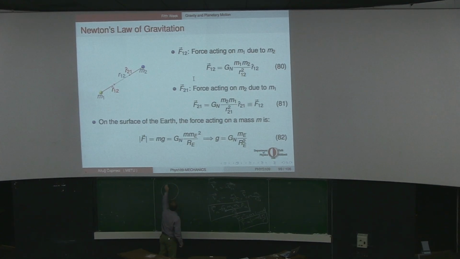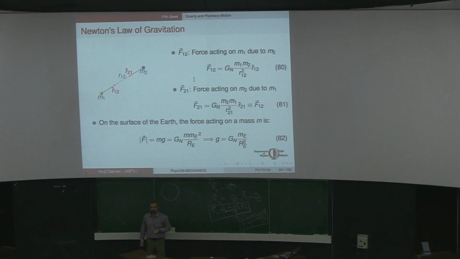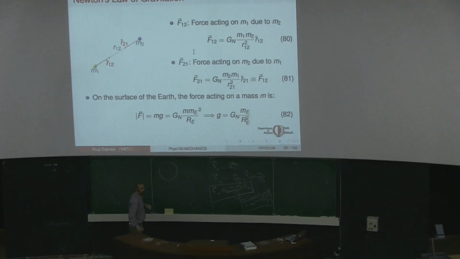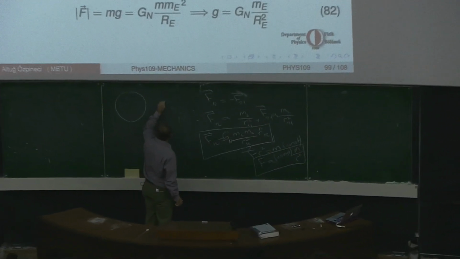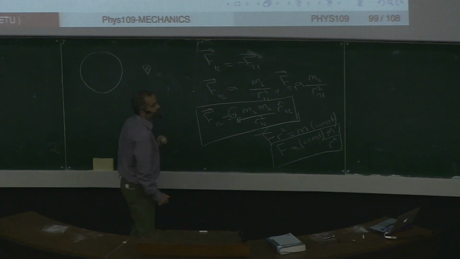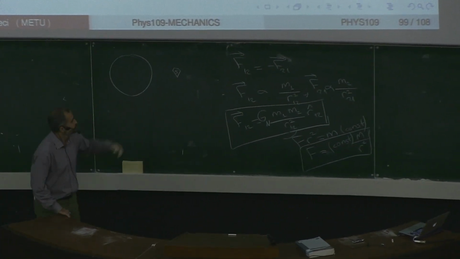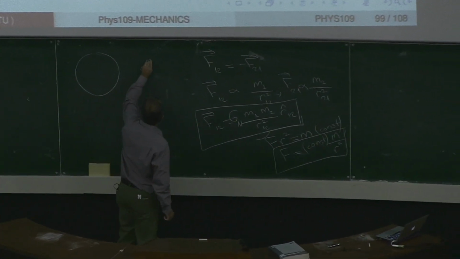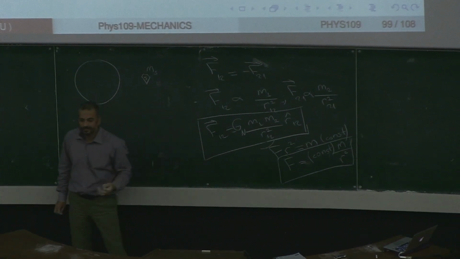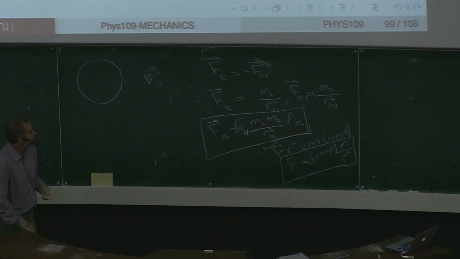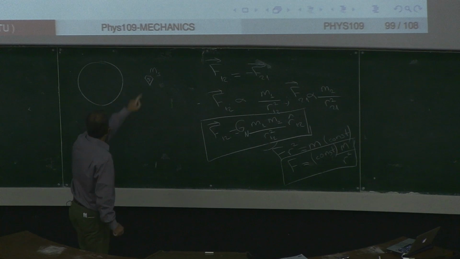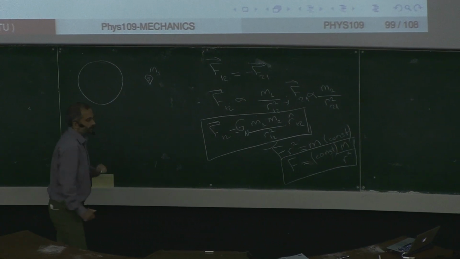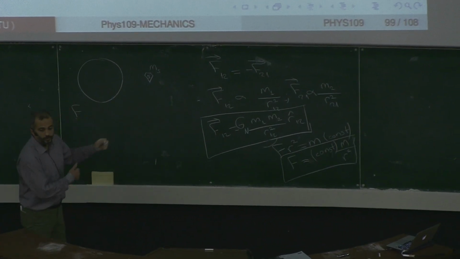So this is Earth. Let's suppose you are Superman, flying over there. Superman has mass m_s. Well, there's an acceleration due to the gravitational attraction. The force that Superman will feel will be towards the center.